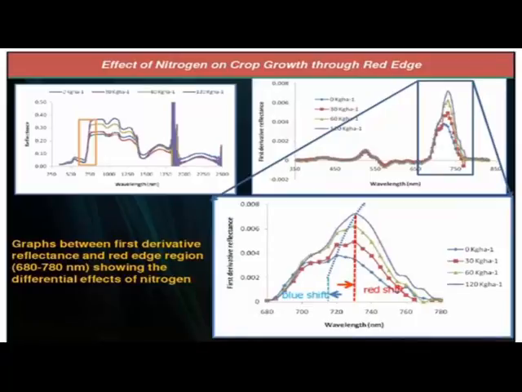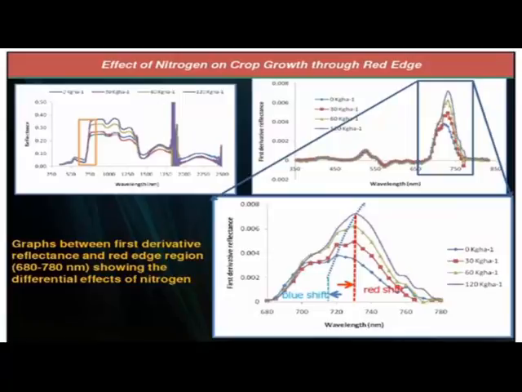That means if the plant is healthy with respect to nitrogen, the red edge value will be higher. That means the gradient will be high. The change in reflectance with respect to wavelength will be very high. That's the first thing. Second, if you look at a healthy plant and a stress plant, the healthy plant is your 120 kg nitrogen treated plant, and the stress plant is the 0 kg one, which is the nitrogen stress plant.